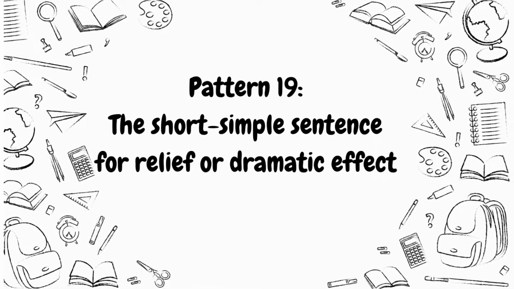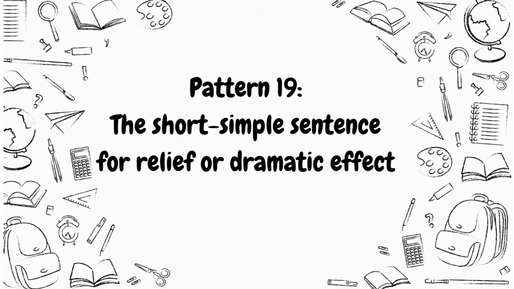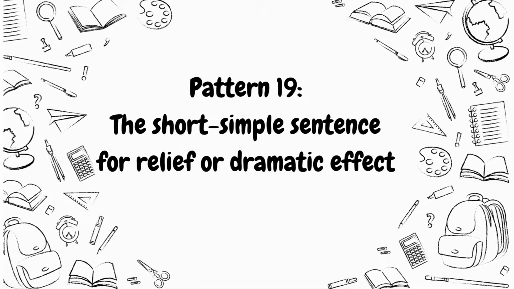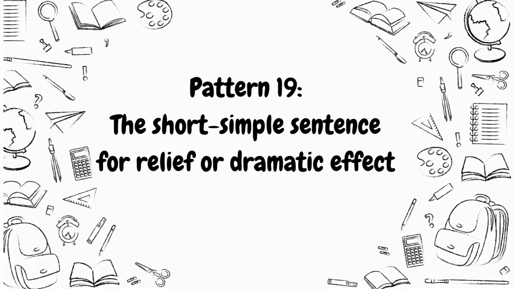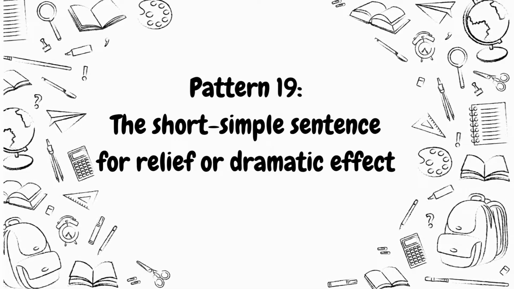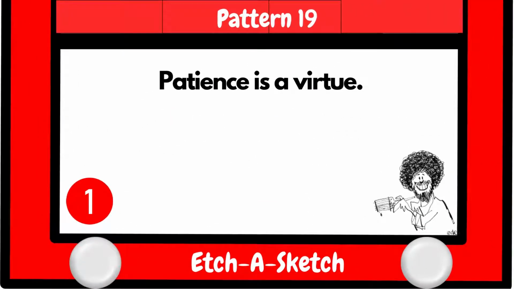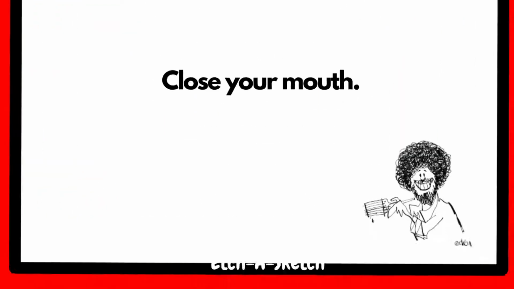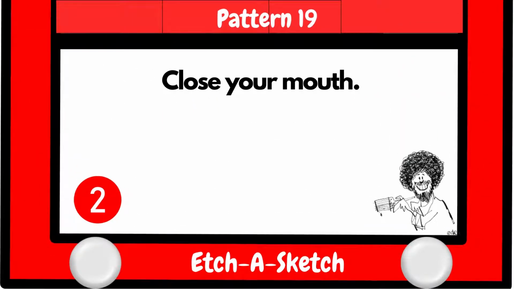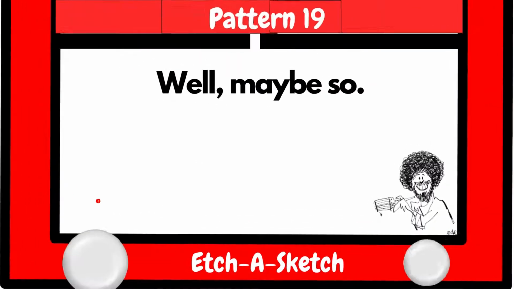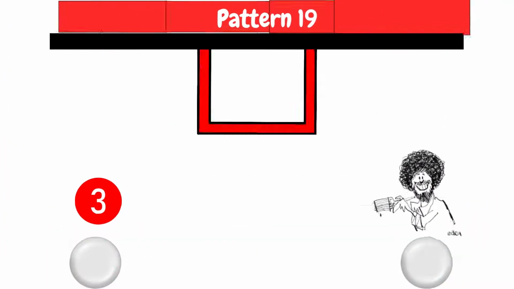And then you got pattern 19, which is super easy. The short, simple sentence for relief or dramatic effect. Pretty cool. And just simple things like patience is a virtue, or students can say, close your mouth, or something like, well, maybe so. I'll give you them all here. But then it was over.